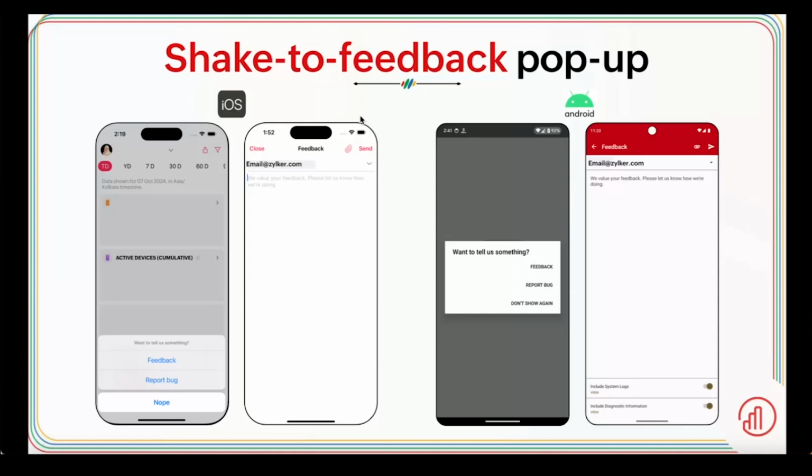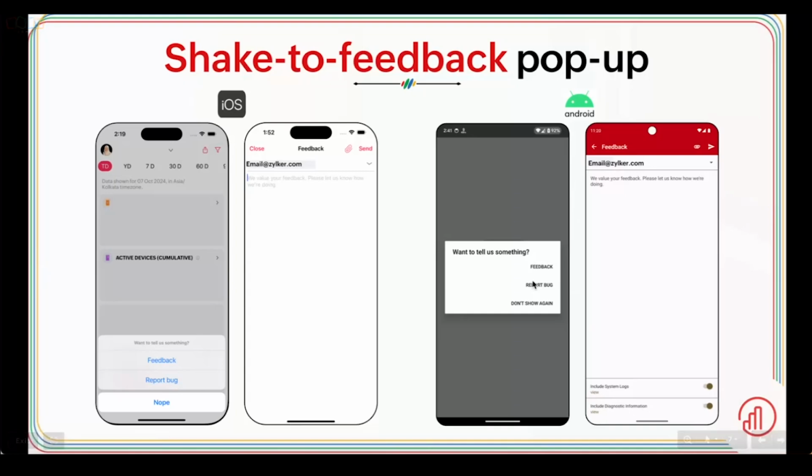So as the name suggests, the shake to share feedback mechanism allows your users to share feedback by simply shaking their device. This means that once a user shakes the device, a pop-up shows up, as you can see on the screen, asking them to provide either their feedback or report a bug.